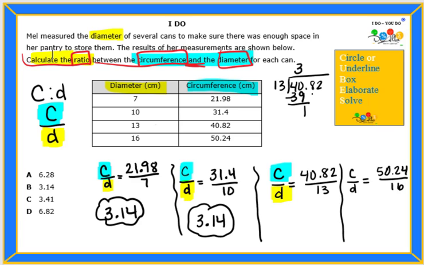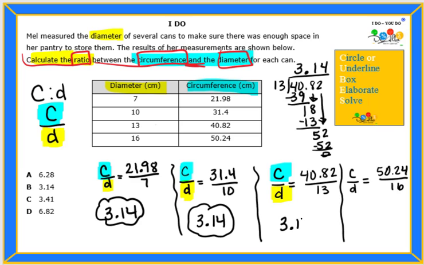We'll have 1 left over and we bring down our 8. Let's not forget to bring our decimal up to the quotient line. 13 goes into 18 only one time. 13 times 1 will give us 13. We still have 5 left over, so we bring down the 2. 13 goes into 52 4 times. That'll give us exactly 52, and we are done.